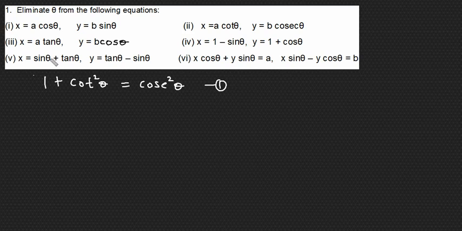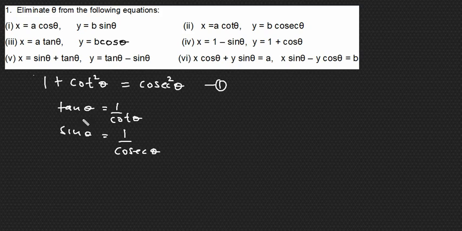We don't have cot here and we don't have cosec here. However, if you can get a tan, tan is 1 over cot. Similarly, sine is 1 over cosec. So it is very easy now.